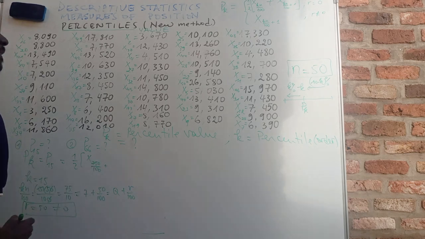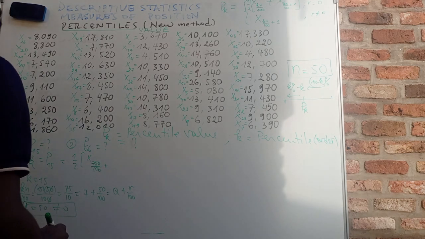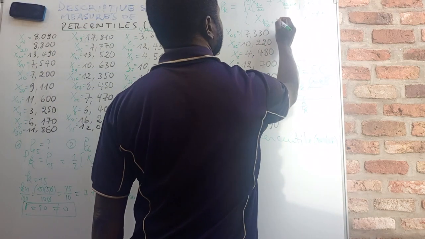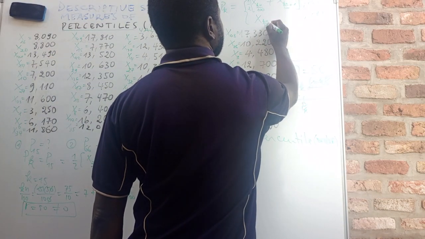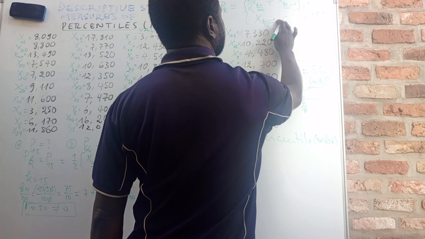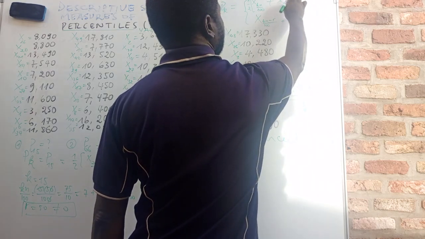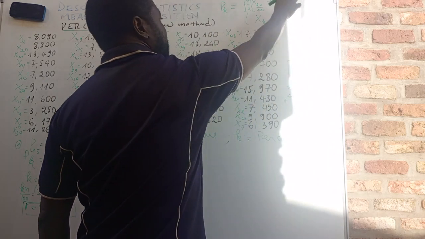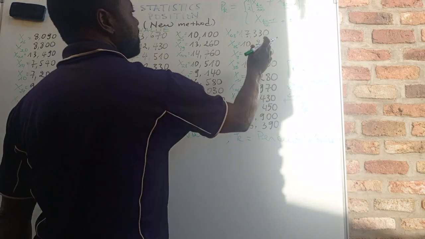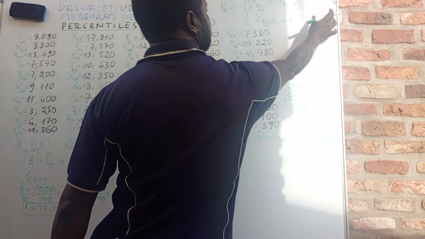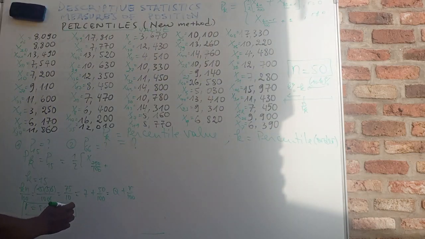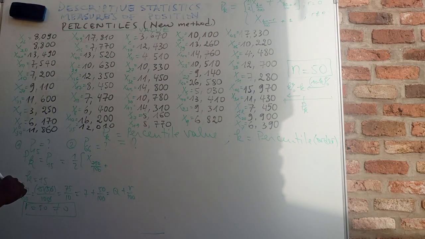Sorry, the formula is kn over 100 minus R plus 1, so we use this formula in case R is different from 0. Let me just remove this.